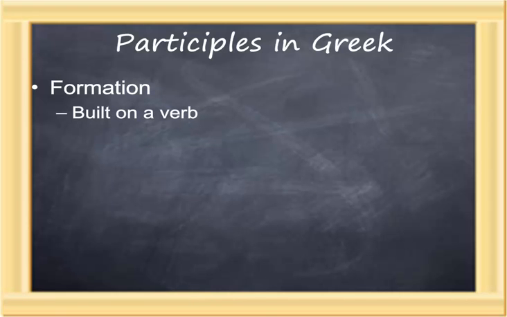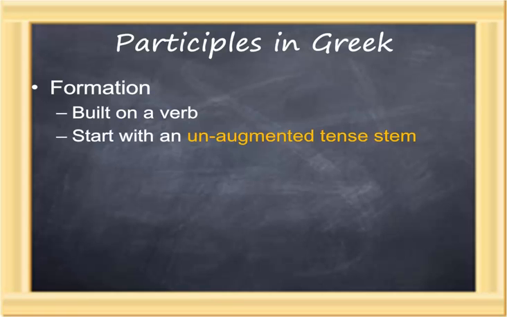Participles in Greek are formed using verbs. So a participle is built on a verb. One starts with an unaugmented tense stem. Augments are used only with indicative forms. So, for example, aorist forms of the participle remove the augment from the aorist stem.